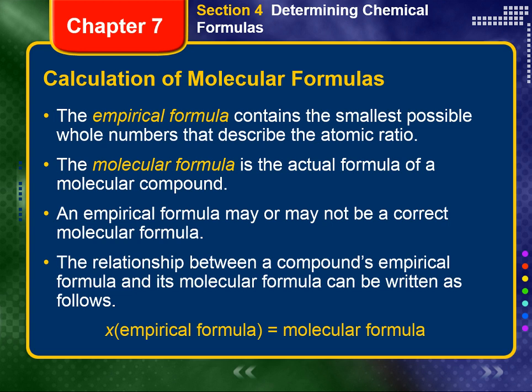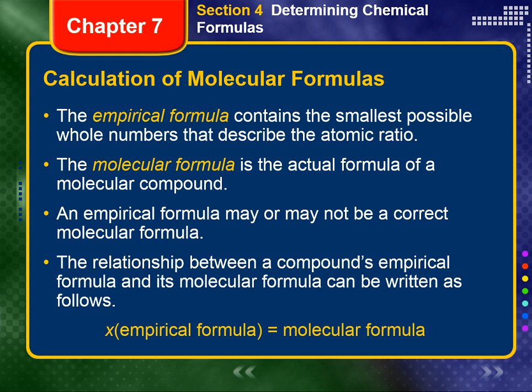Any multiple of BH3, such as B2H6, B3H9, B4H12, and so on, represents the same ratio of boron atoms to hydrogen atoms. The molecular compounds ethene, C2H4, and cyclopropane, C3H6, also share an identical atomic ratio, 2 hydrogen to 1 carbon. Yet they are very different substances.